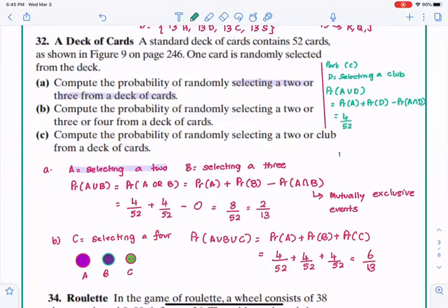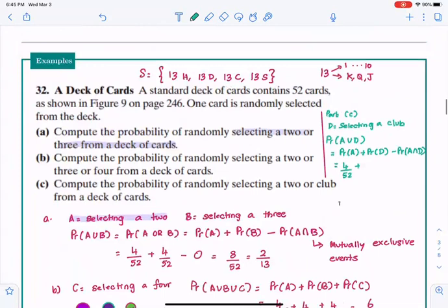It'll be easier for us to simplify later. 4 out of 52, same as 1 out of 13. Probability of D is probability of selecting a club. So if we look at our sample space, there are 13 clubs. So the probability of selecting a club is 13 out of 52.